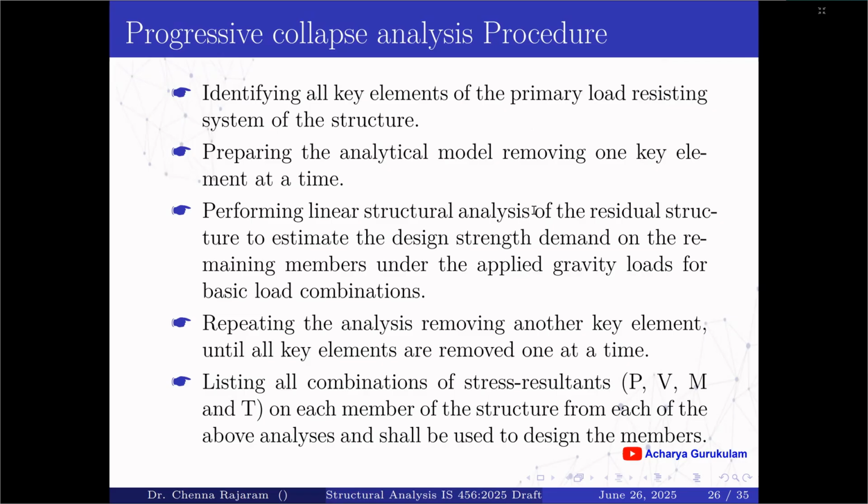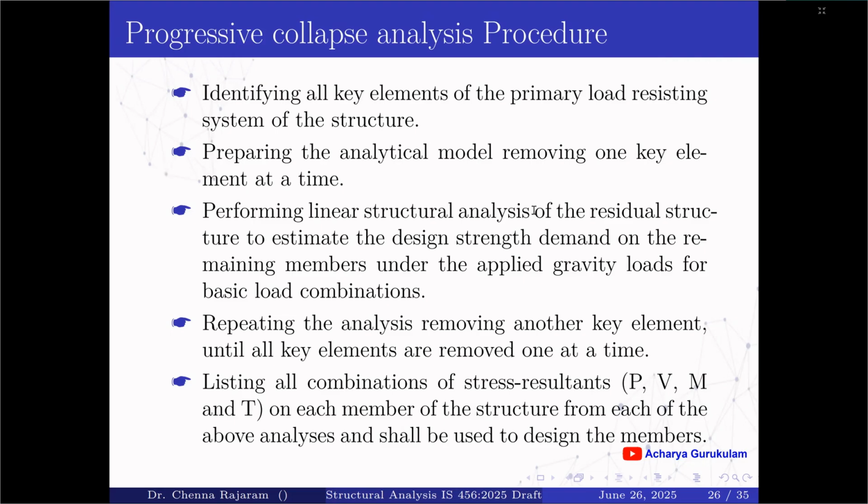The first step is identifying all key elements of the primary load resisting system of the structure. Next, preparing the analytical model, removing one key element at a time, performing a linear structural analysis of the residual structure to estimate the design strength demand on the remaining members under the applied gravity loads for basic load combinations, repeating the analysis, removing another key element until all the key elements are removed one at a time.